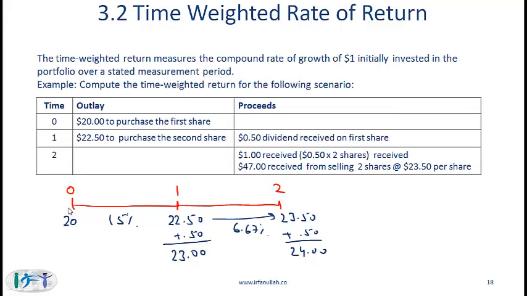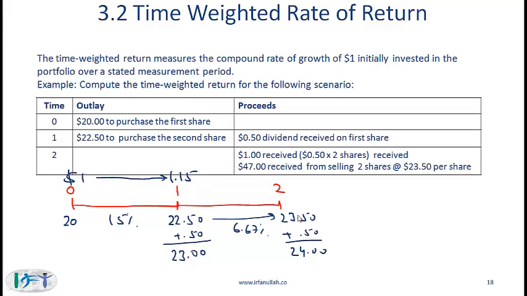This means that we have received a return of 15%. So 20 essentially becomes 23, so the return is 15%. $1 invested over here has now effectively become $1.15 at the end of one period.